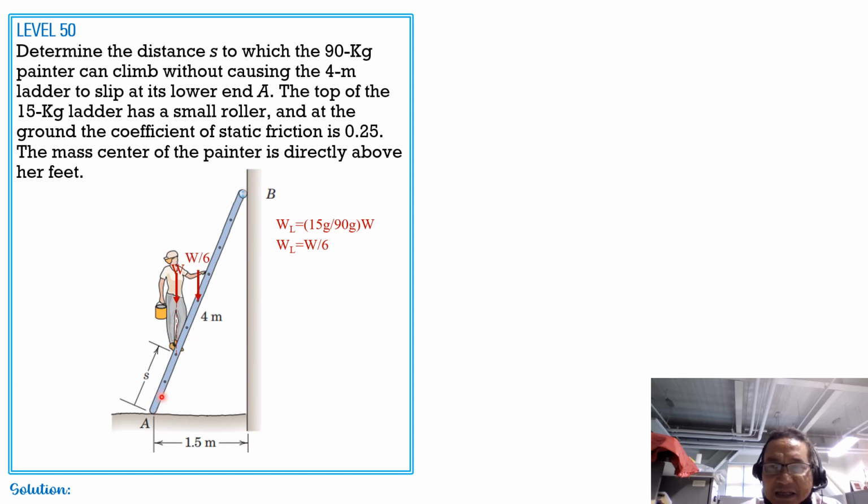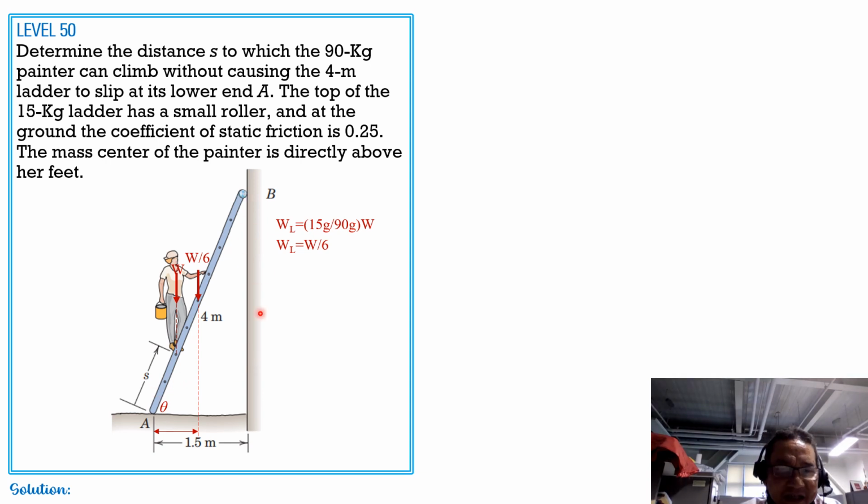We will call this angle theta here, so that the moment arm of the weight of the ladder from A is 2 cosine of theta, as shown, where this is theta. And for the weight of the painter, it is S cosine of theta.